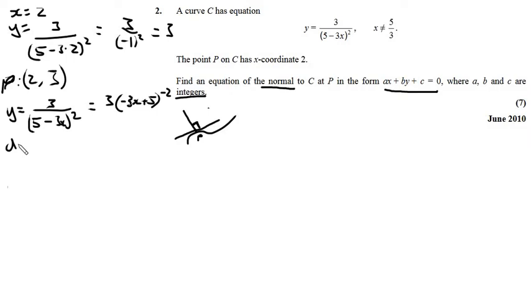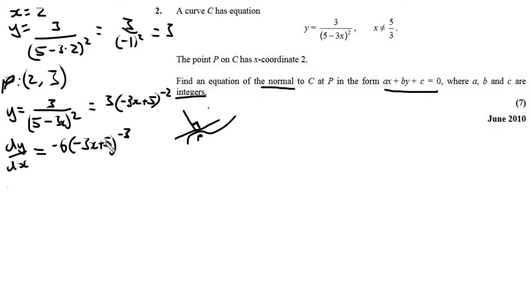So dy by dx, the derivative of this function, is going to be negative 2 times 3, which is negative 6, times negative 3x plus 5 to the negative 3.